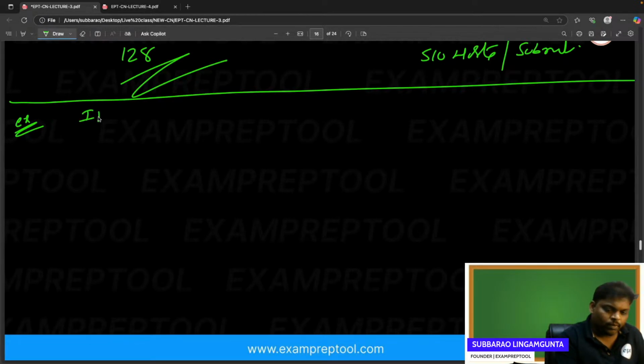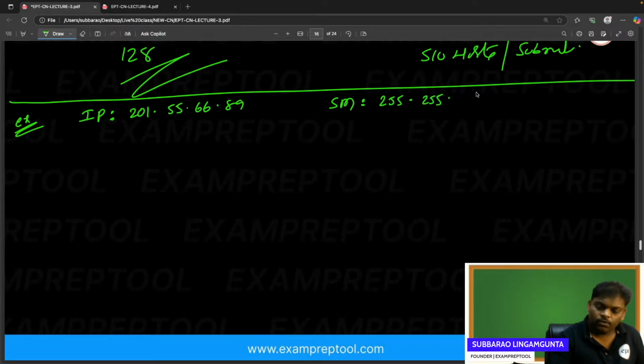IP address is given as 201.55.66.89. Subnet mask is given as 255.255.255.224.